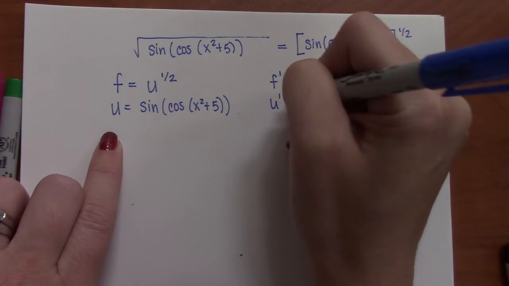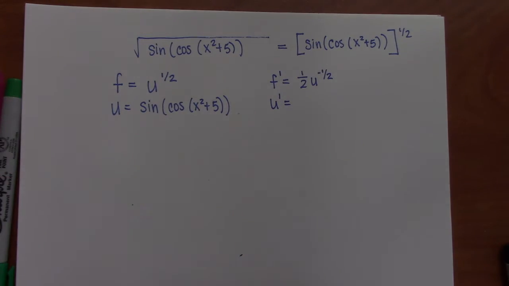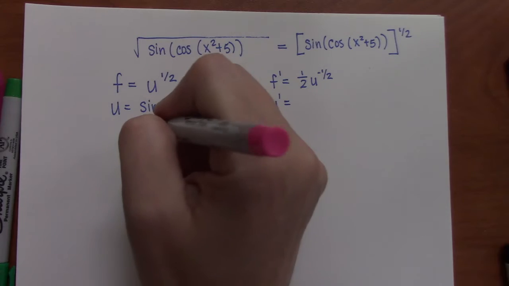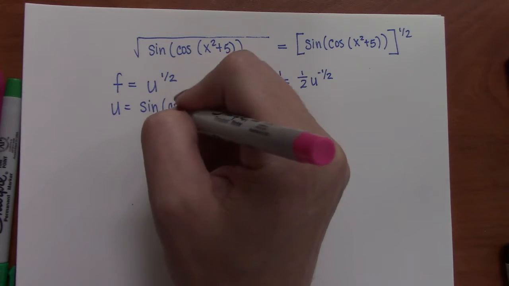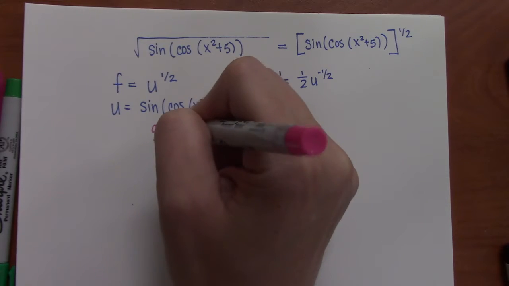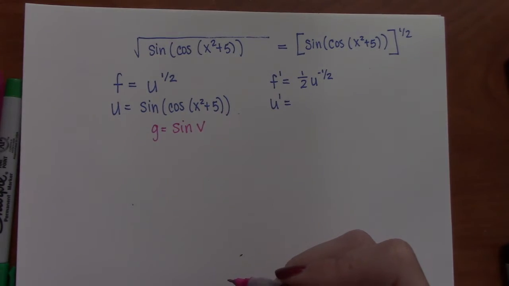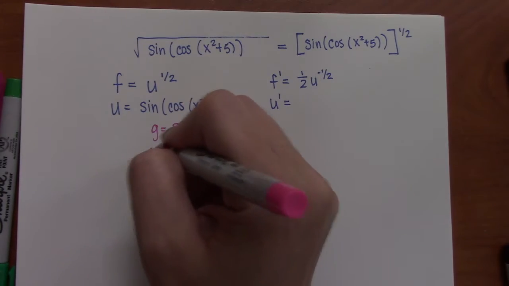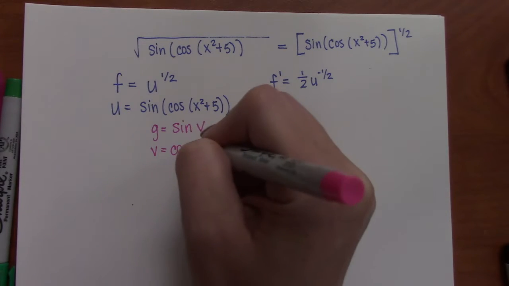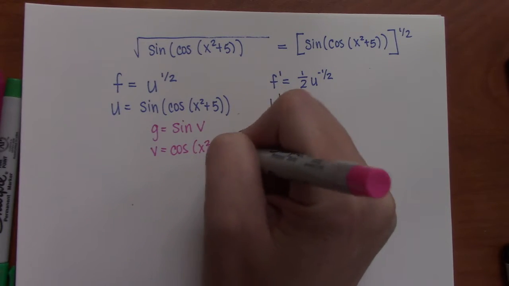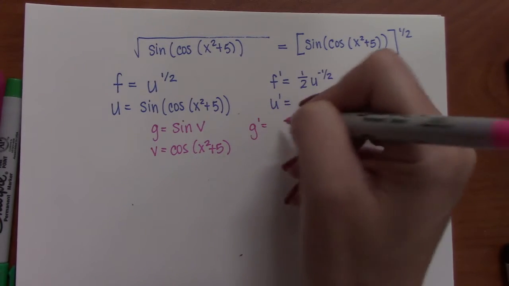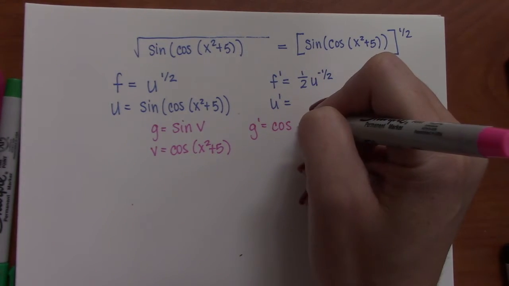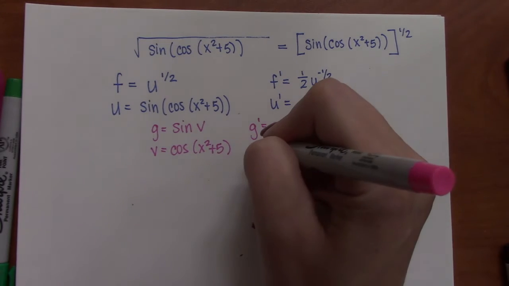Now to find u prime, I have to do another chain rule. So I'm going to call this g, just to have different names, right? So the outer function here, let's call it sine of v. I'm just going to use a different letter. The inner function is cosine of x squared plus 5. So g prime is just cosine of v.